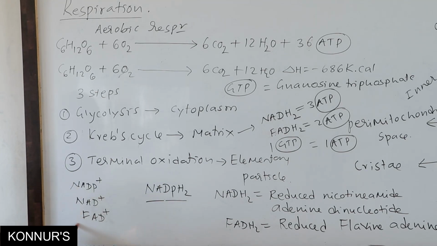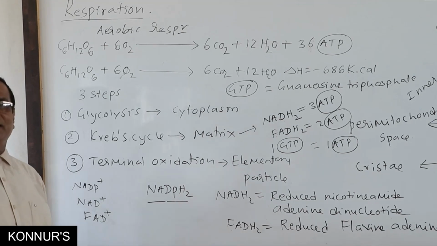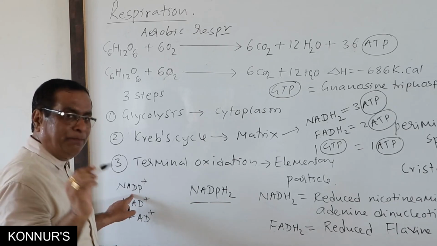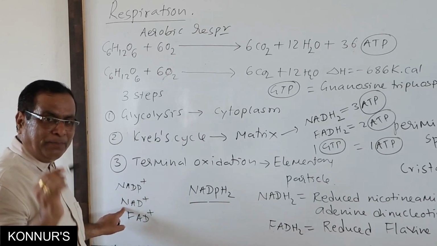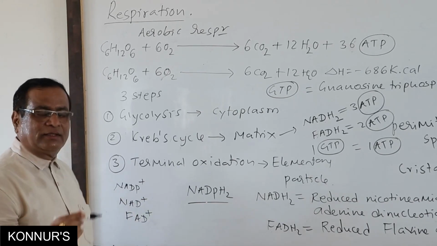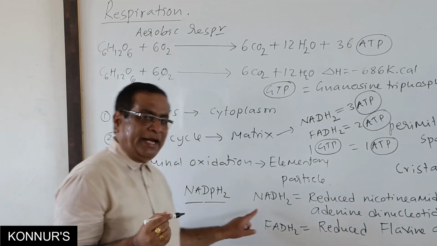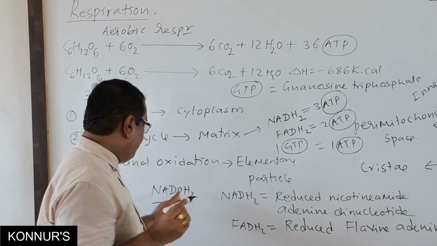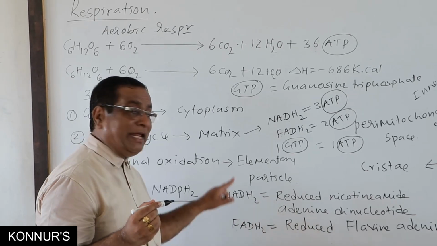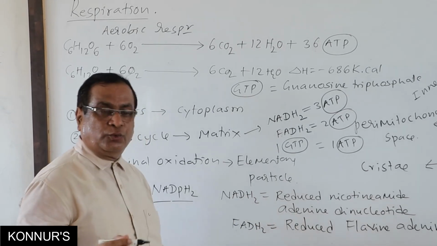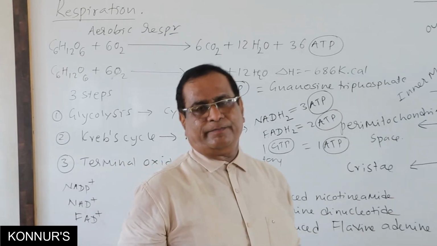Then these three are oxidizing agents. Remember this point. Which of the following are oxidizing agents? NADP plus, NAD plus, FAD plus, all these. What are the reducing agents? NADPH2, NADH2, FADH2, all these is right.